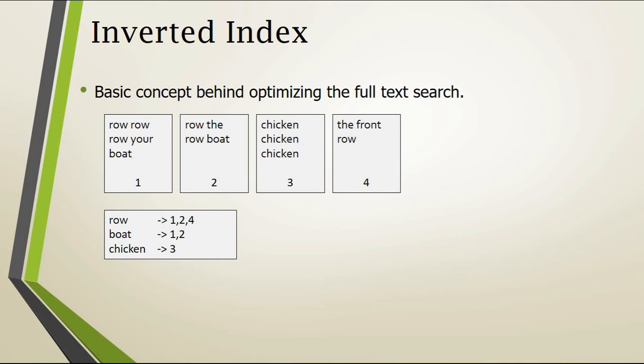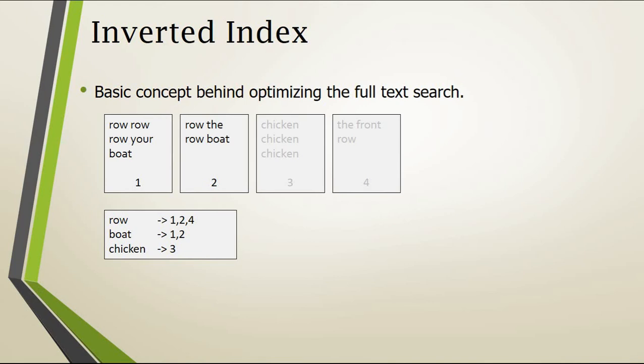But let's say someone wants to find the list of documents that contain the phrase robot. How can we do that using this mapping? We can easily eliminate documents 3 and 4 because those documents don't contain both words row and bot.